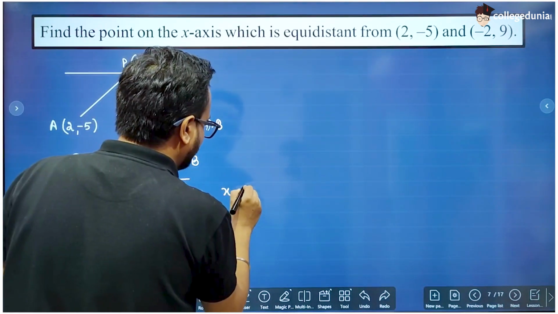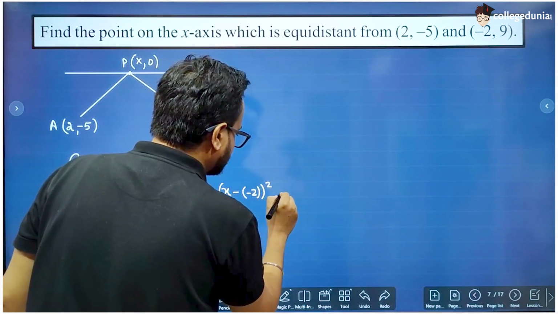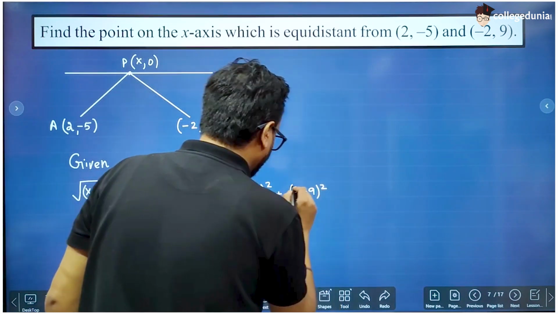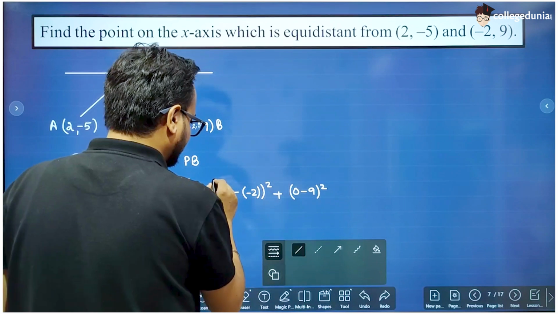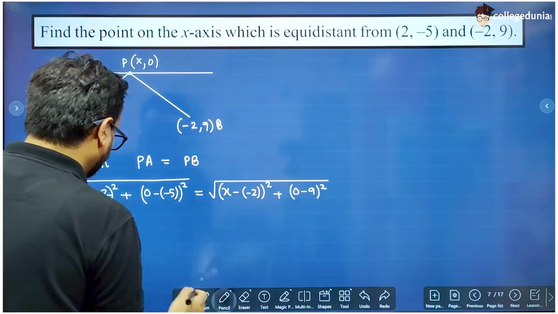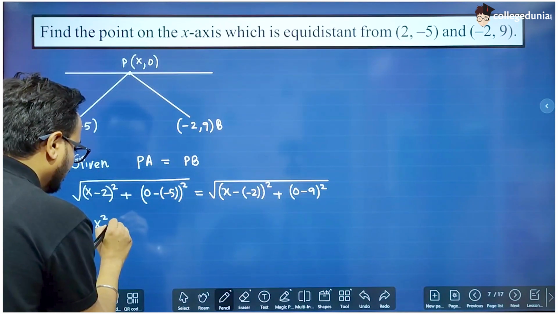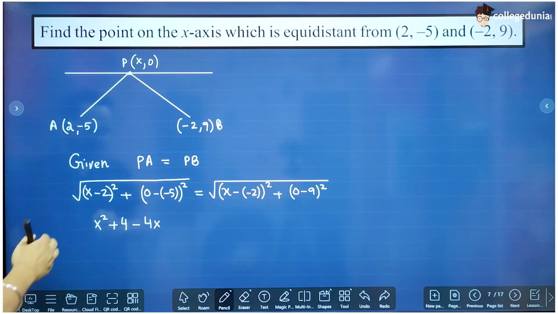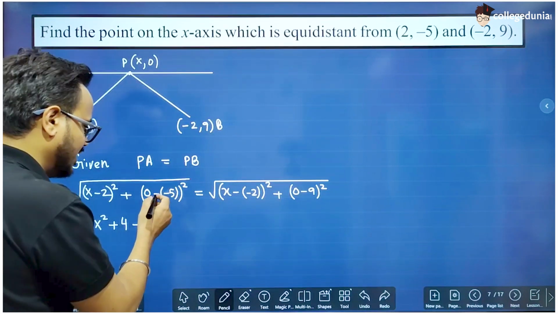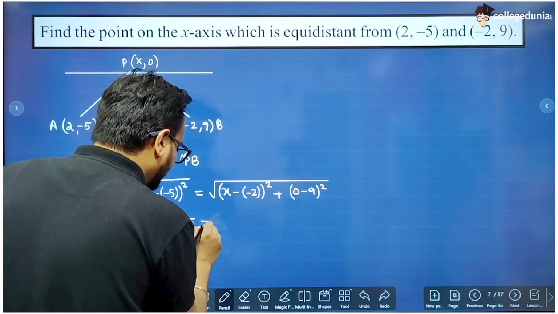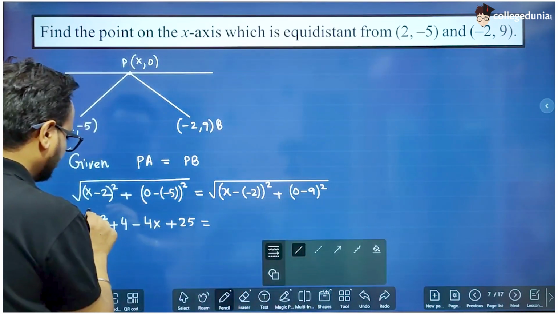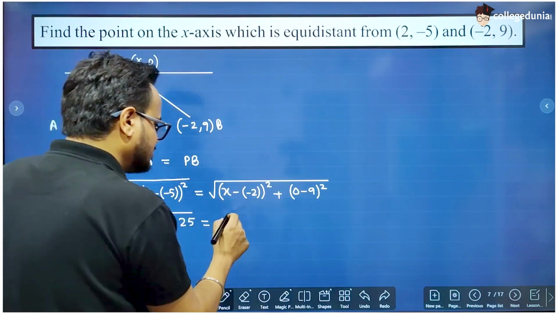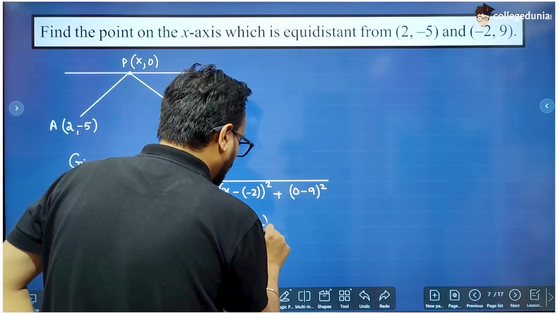PB is the root of (x minus minus 2) whole square plus (0 minus 9) whole square. (x minus 2) whole square is x square plus 2 square, 4, minus 2ab, and minus minus plus 25 whole root, equal to (x plus 2) whole square.